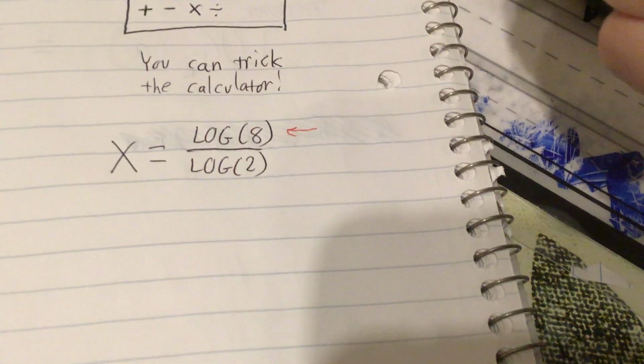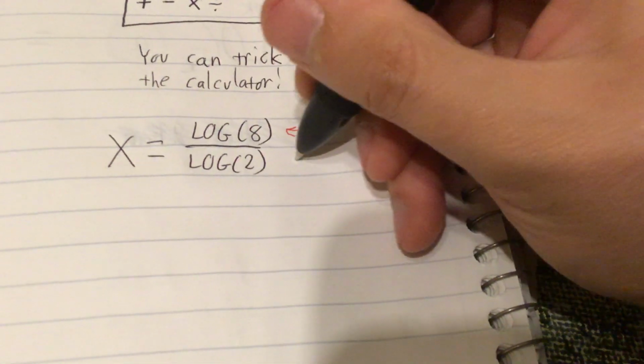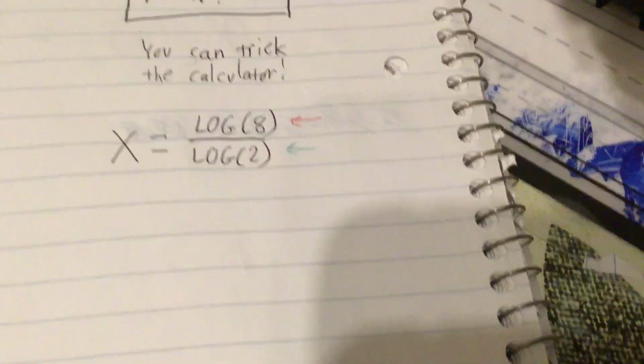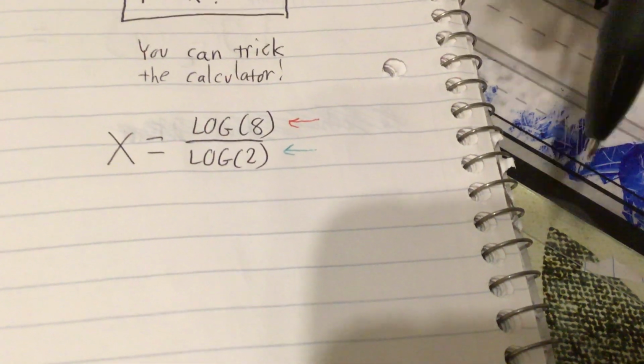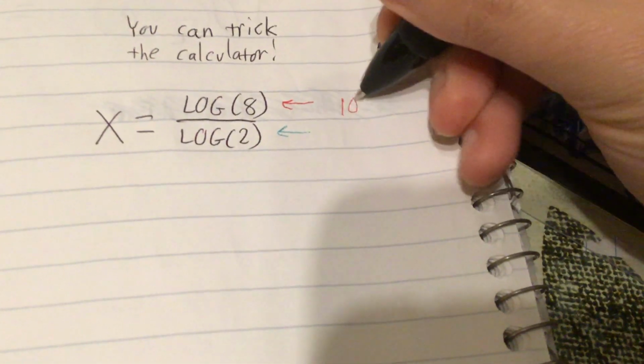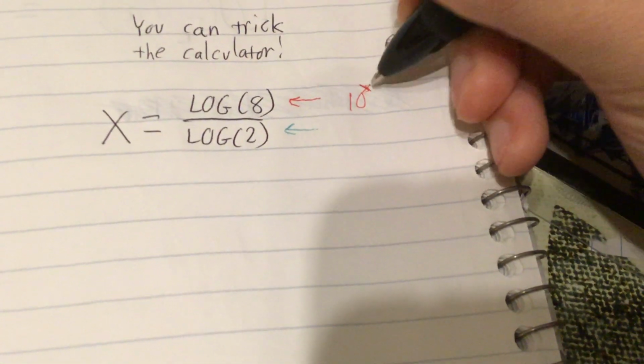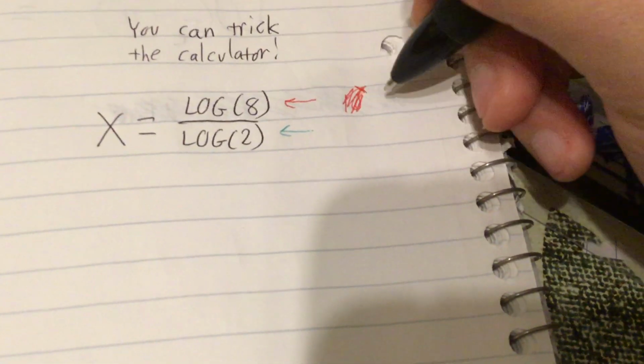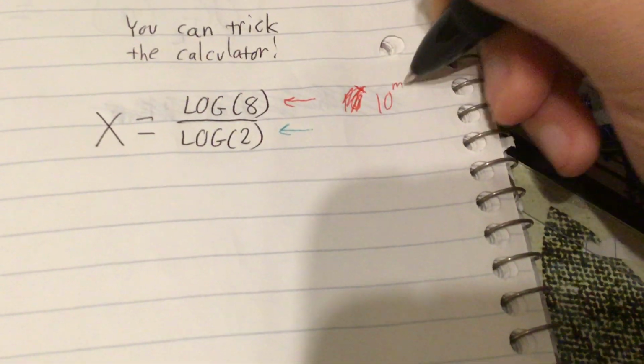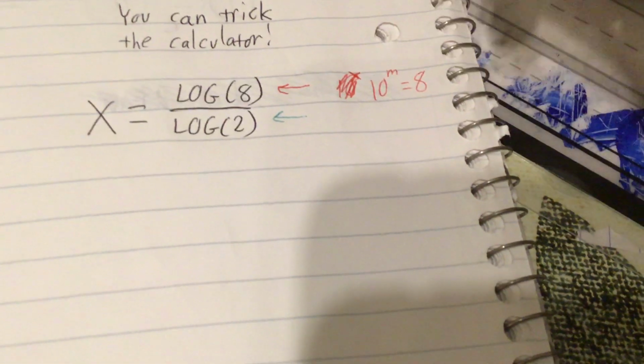So remember what log of 8 means in the calculator. So log of 8 means 10 to the x power. Let's just go with x and y. Sorry about that. 10 to the m power is 8.